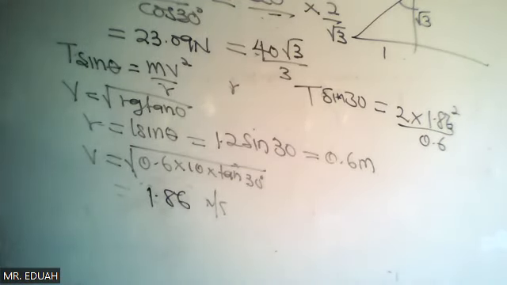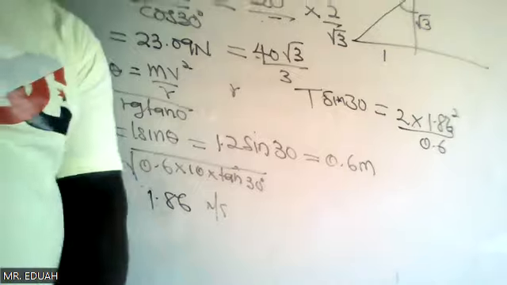So this squared times 2 is this, divided by 0.6. When you divide this by 0.5, you have 23.09. So both ways will take you there.